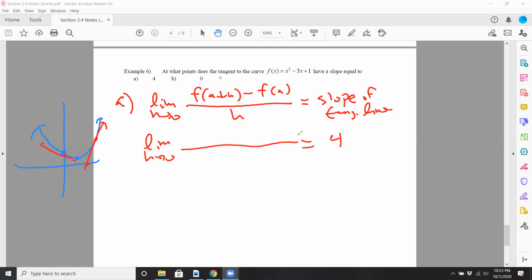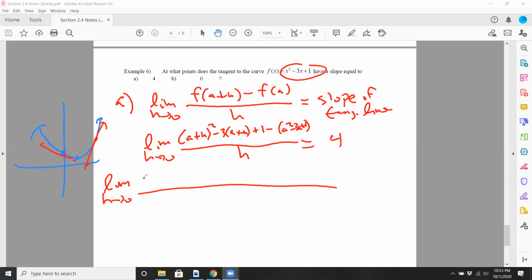And if I plug in a plus h into this, and of course minus a squared minus 3a plus 1, I have to tuck that in there, sorry about that, over h. So the limit as h approaches 0.